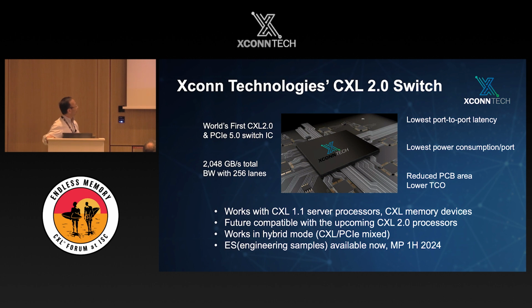Today we have our silicon, not only the first silicon A0, we already have our A1 silicon in our lab. The chip already works today with Intel and AMD processors, which are CXL 1.1 at this point. Of course, these two companies didn't stop here; they continue to develop the next generation processors. We also work with a number of CXL memory controllers and memory devices to make sure interoperability issues are resolved.